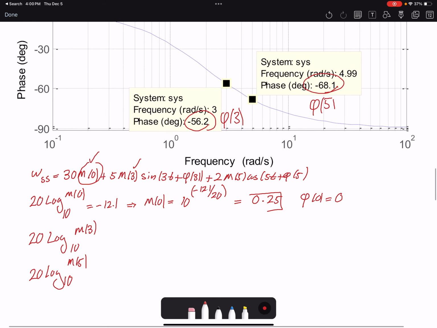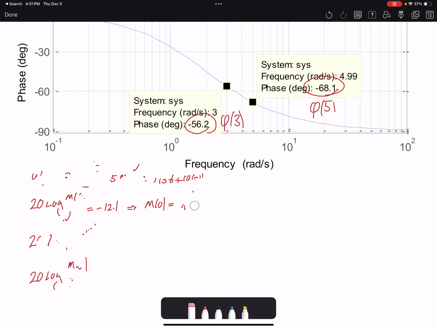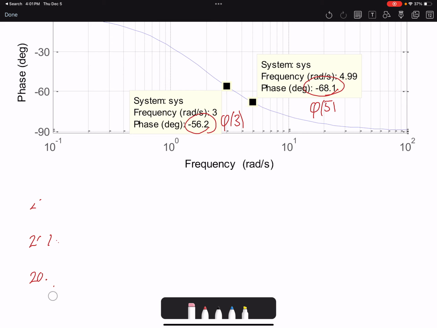Let me do it again here so you can see it better. We're going to do the same thing but using the Bode plot. The Bode plot is going to give us the change in magnitude and phase. If we don't have access to the transfer function, we can use the Bode plot to find the change in magnitude and phase. You can think of the Bode plot as a replacement for the transfer function because it tells us the response of the system for a range of frequencies.